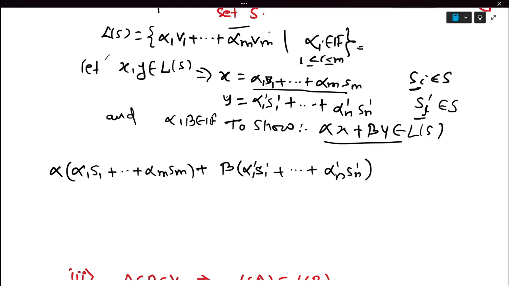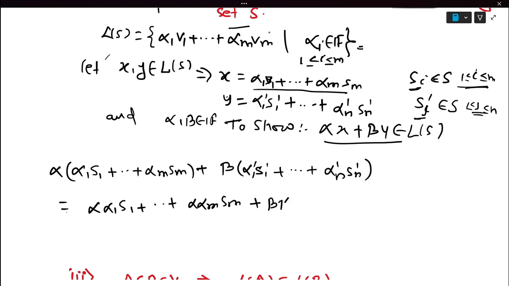Here j will be from 1 to n and i will be from 1 to m. So it will be alpha alpha 1 s1 plus ... plus alpha alpha m sm plus, if we multiply by beta, beta alpha 1 dash s1 dash plus ... plus beta alpha n dash sn dash.